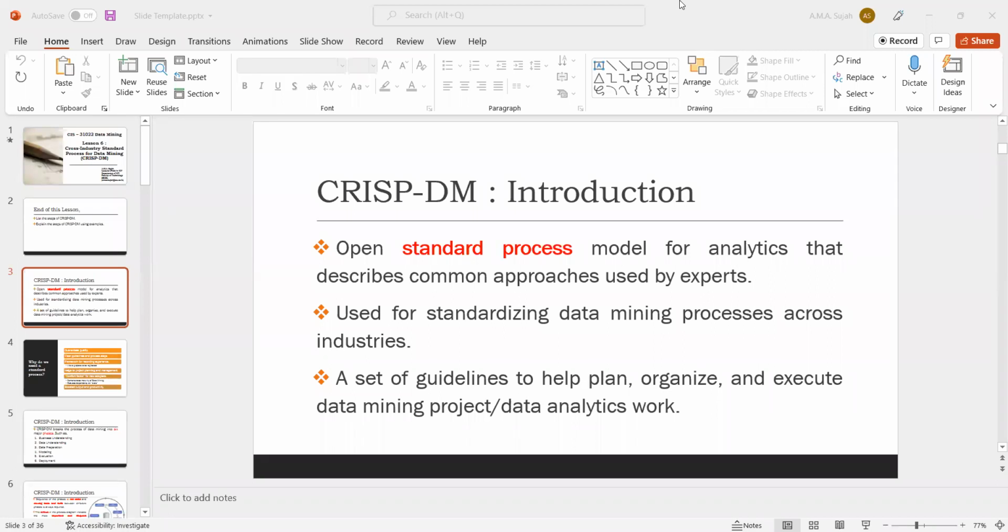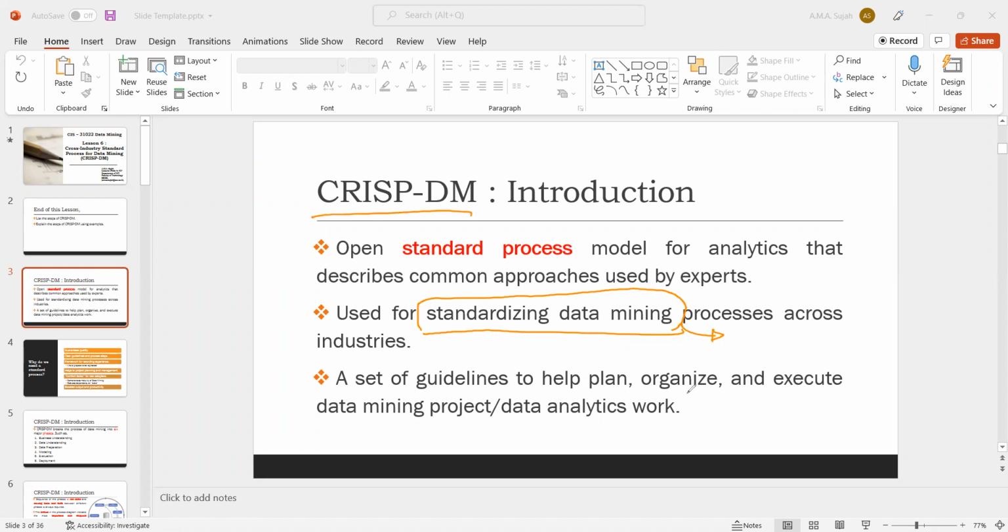Likewise, you need to follow a standard process. Am I correct? But what we are discussing here is standardizing the data mining process. The ultimate goal is standardizing the data mining process. No one can do whatever they want, whatever their interest. They must follow these standards.